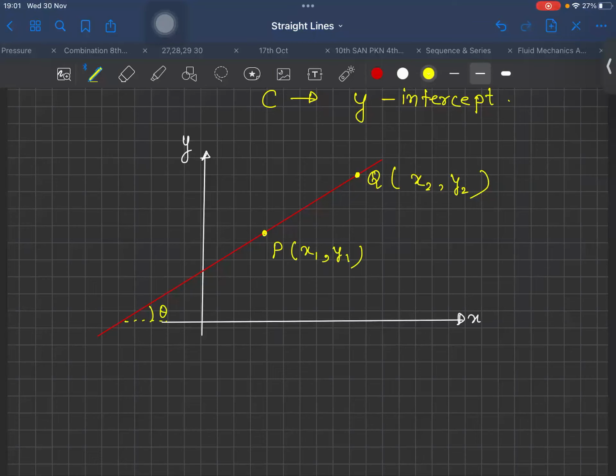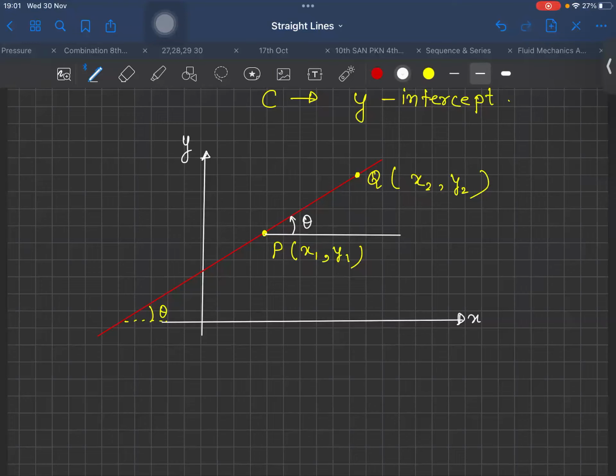If you draw a line parallel to the x-axis, what will this angle be? This will also be theta only, right? You know this. What is this called?